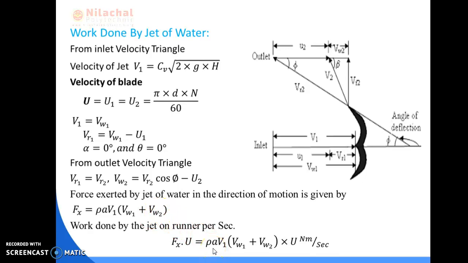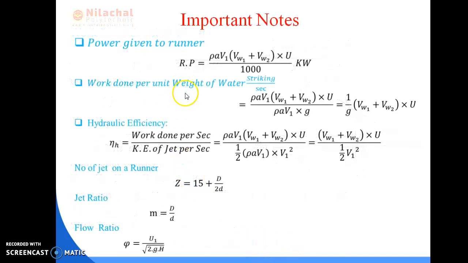If you want to find the work done, then it is force into velocity of blade, that is rho a V1 (Vw1 plus Vw2) into U. The power given to the runner, that means runner power, is equal to the work done by the jet, which is rho a V1 (Vw1 plus Vw2) into U divided by 1000.